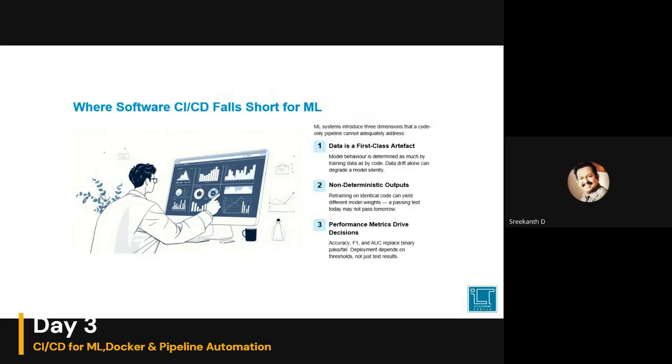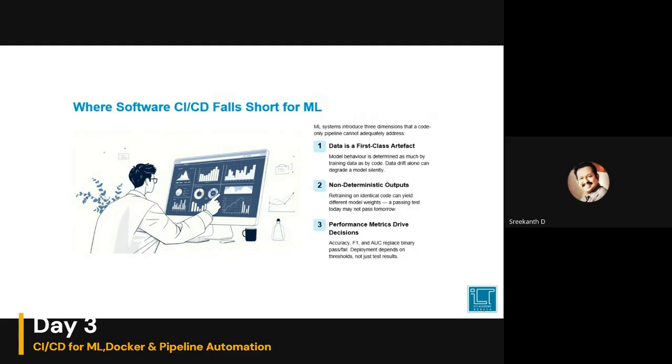A deployment depends on performance metrics, right? So we evaluate our model, and the deployment is based on the performance of the model. We have to take a decision on whether we need to proceed further or not.